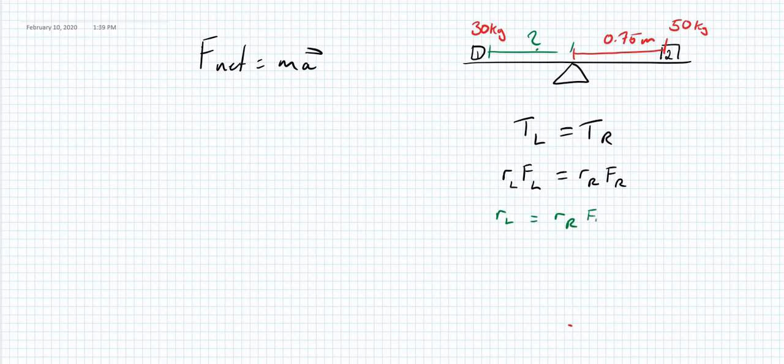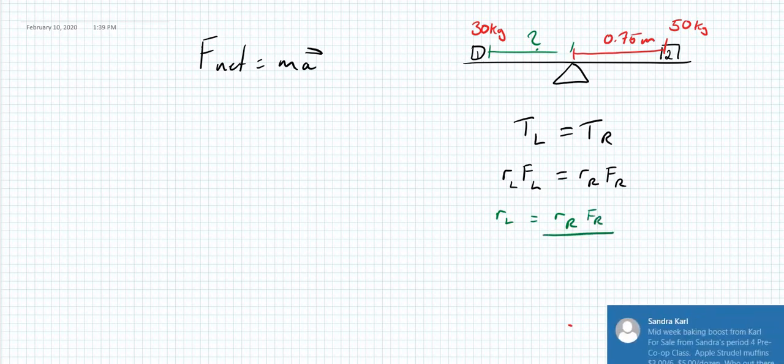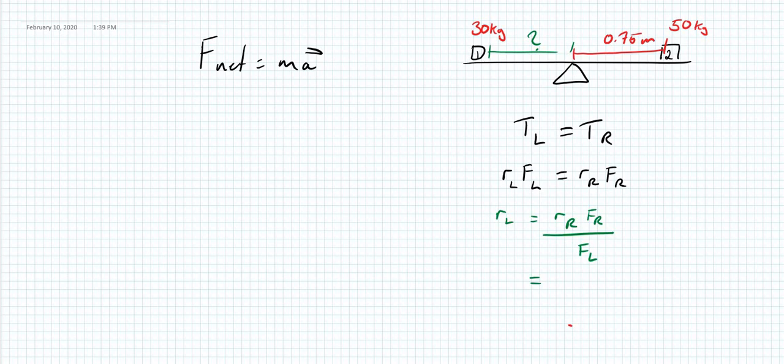radius right times force on the right divided by force on the left. So our radius on the right is 0.75 meters times our force on the right.